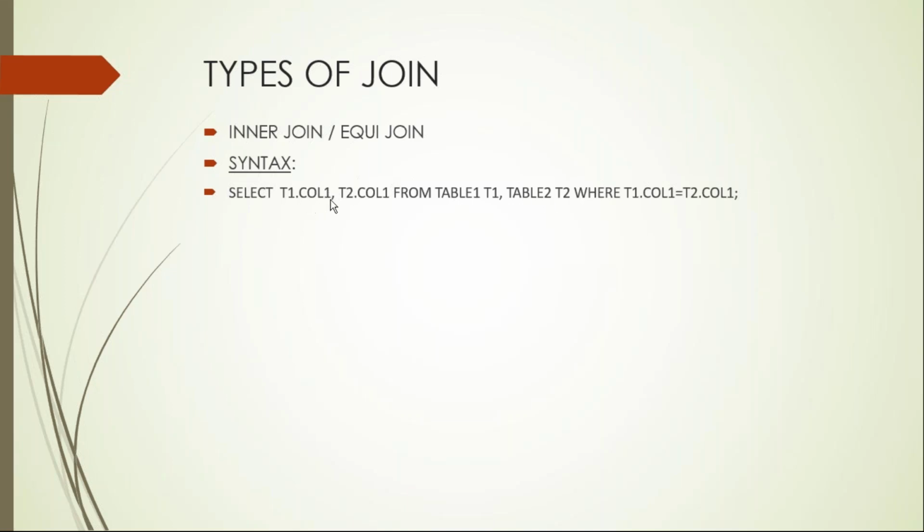T1 dot column1, comma, you can go on with T1 dot column2 also. This is just a simple example for you. Then from table T1, table T2, where T1 dot column is equal to T2 dot column2. I will tell you with examples, don't worry.